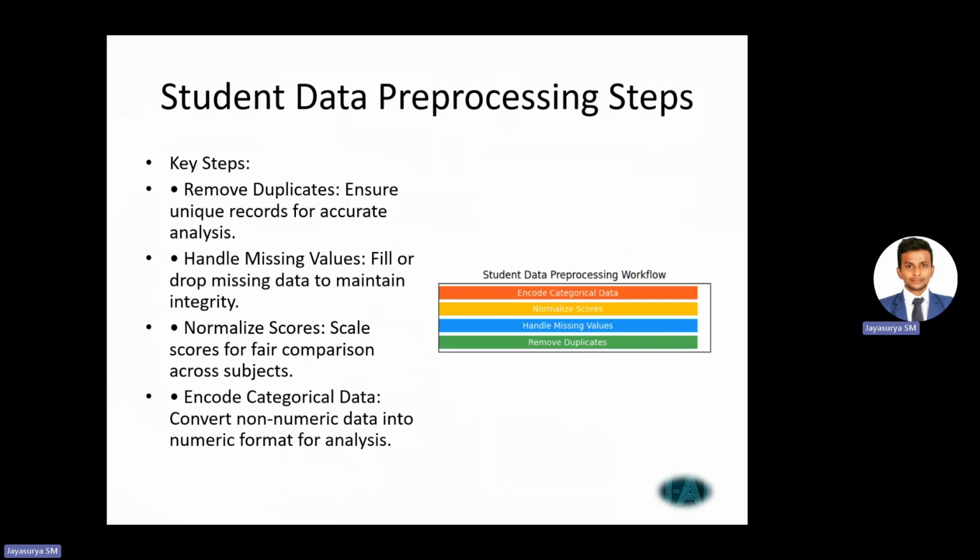We can rank it according to the proportions. Another example is converting male and female to zeros and ones: male as one and female as zero, or female as one and male as zero. This enables the algorithms to understand the data. So this pre-processing builds a strong foundation for accurate analysis and model building.